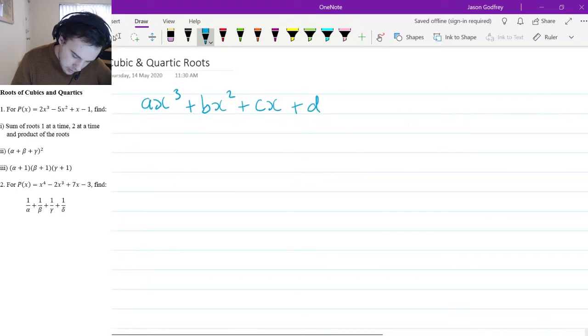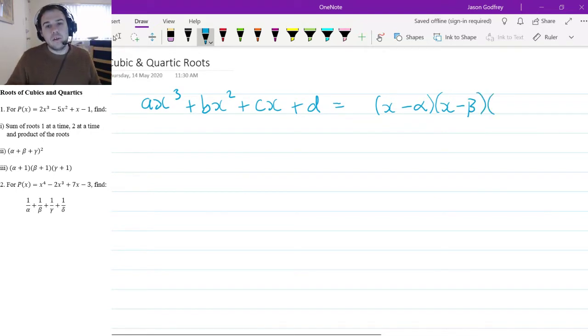The roots of this, if it's in factored form, will be x minus alpha. There'll be 3 roots because it's a cubic, x minus beta, and then just like we're going along the alphabet a, b, c, d, we'll keep going along the Greek alphabet for the roots: alpha, beta, and the next letter sequentially in the Greek alphabet is gamma, which kind of looks like a Y with a curl up there.